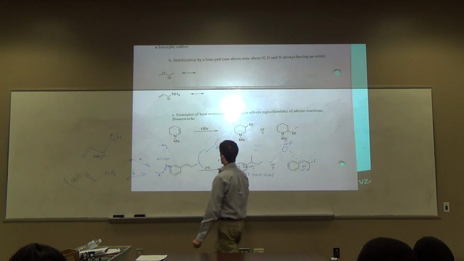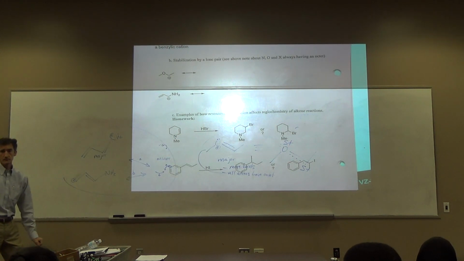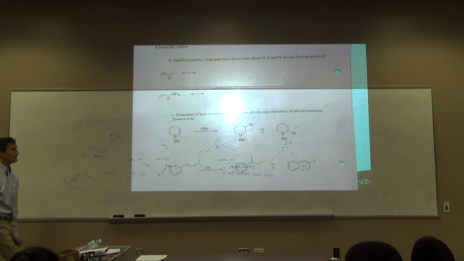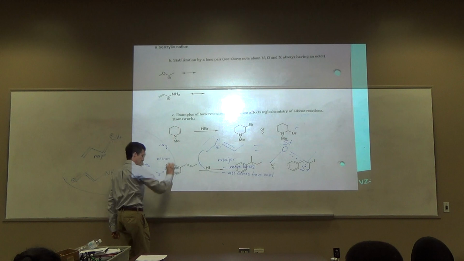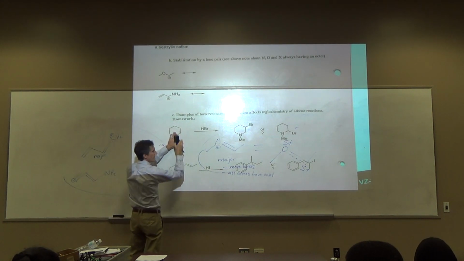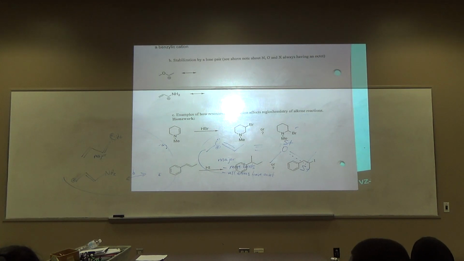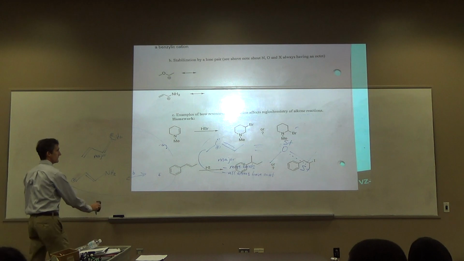Regiochemistry of reactions. If you react this alkene with HBr, which product would you get over here? The question is really, where are you going to make the carbocation? Top or bottom? They would both be secondary. Is there any reason to make one cation over the other? Stabilization.